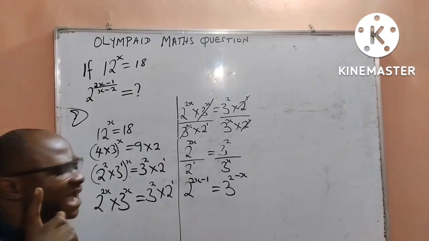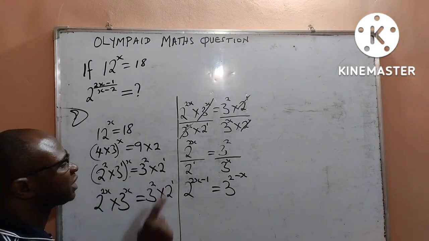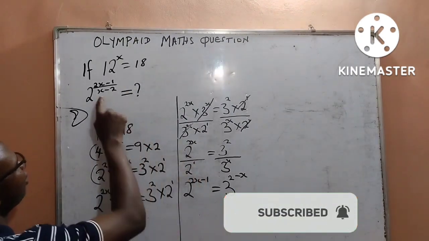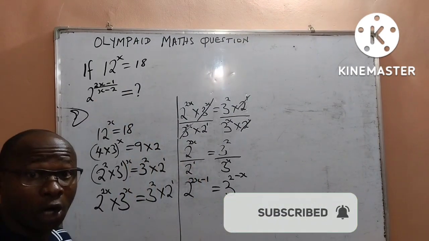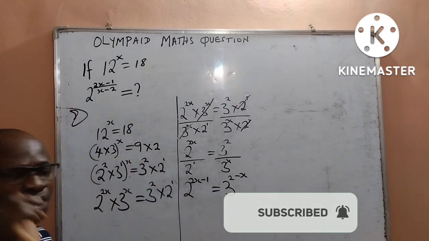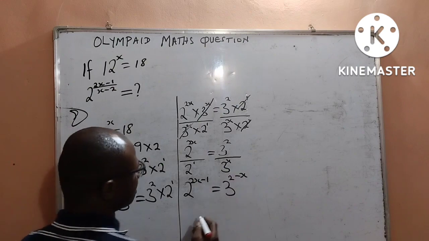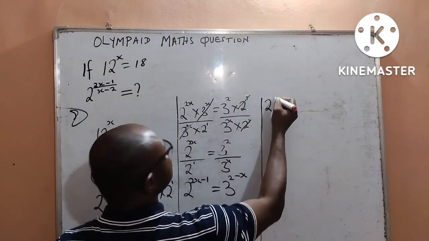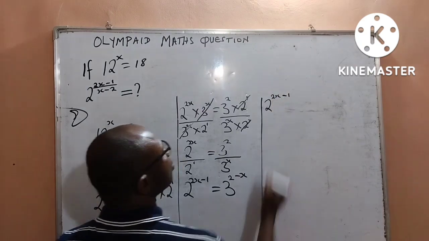That implies that I will be multiplying both sides by 1 all over x minus 2, or dividing both sides by x minus 2. What I mean is this: I shall have 2 raised to the power 2x minus 1.